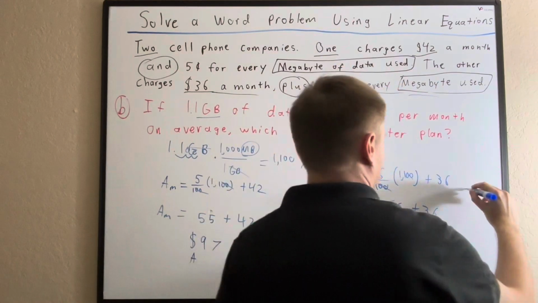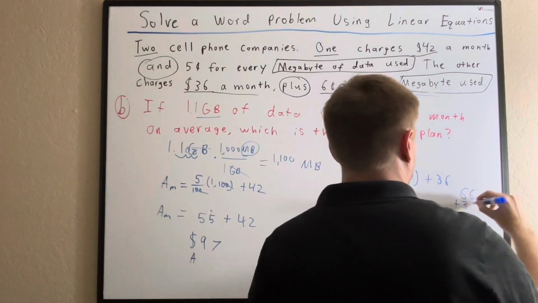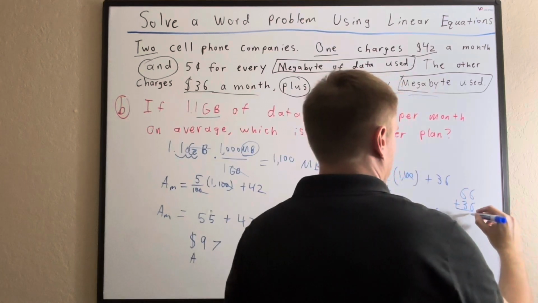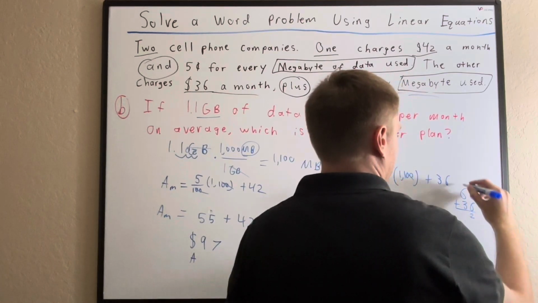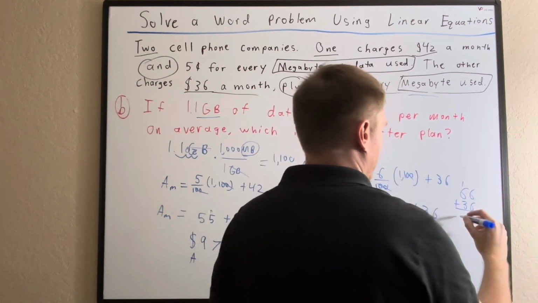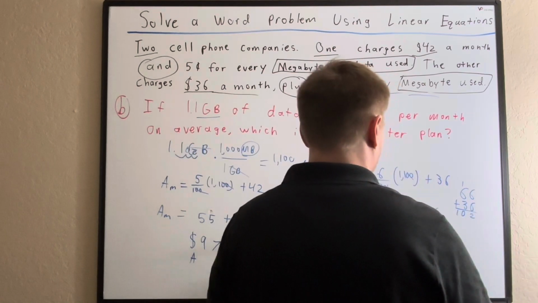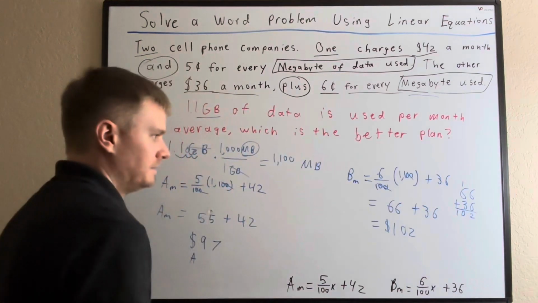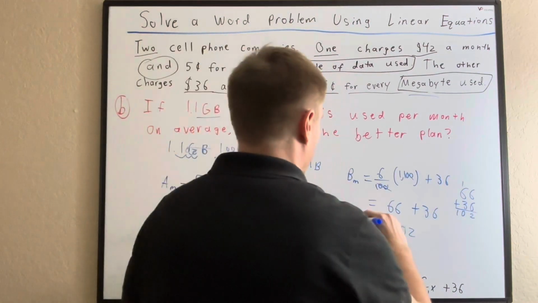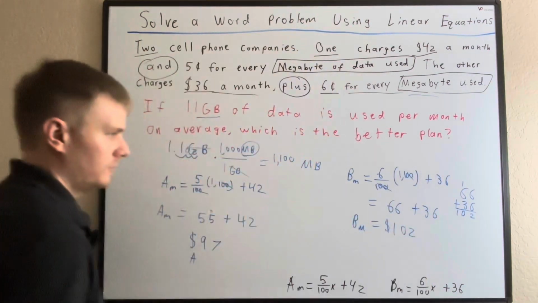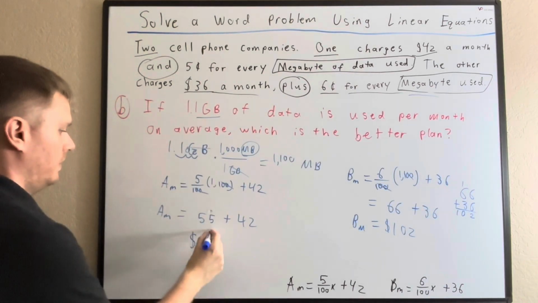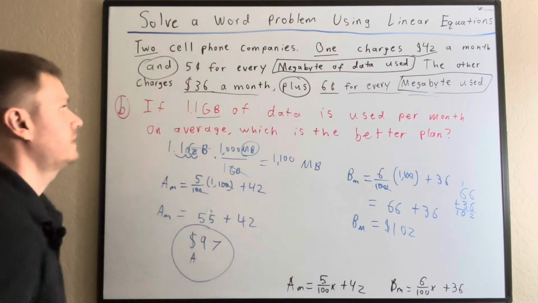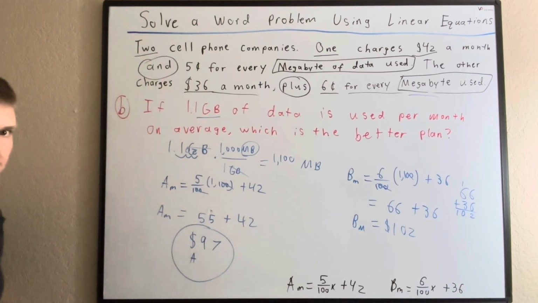This might be a little tougher on the addition master. 6 plus 6 is 12, right? Ooh, okay, so 7 plus 3 is 102. $102. Whew. That's for company B. So which one is better? Company A. And that's the answer to part B.